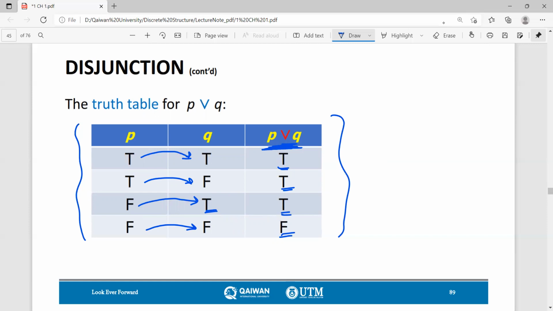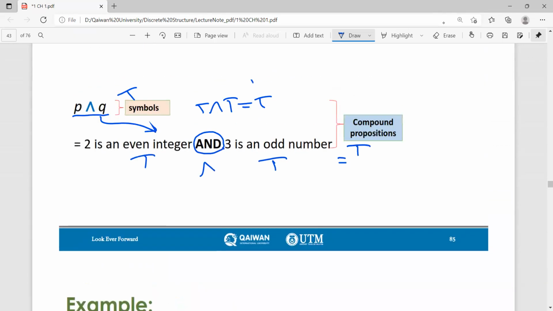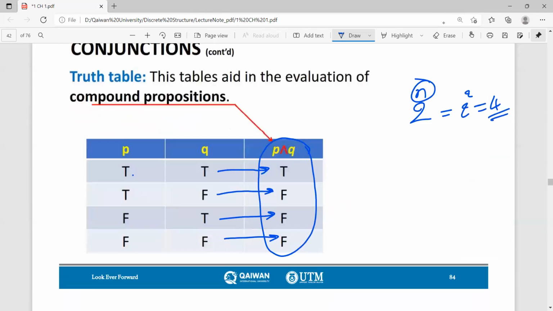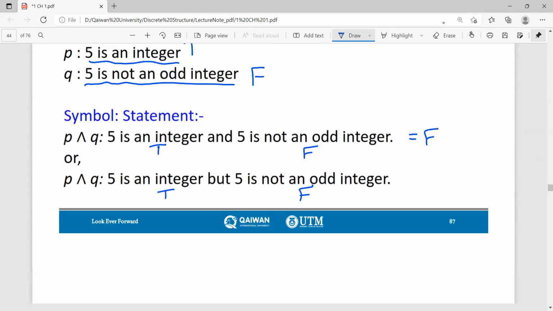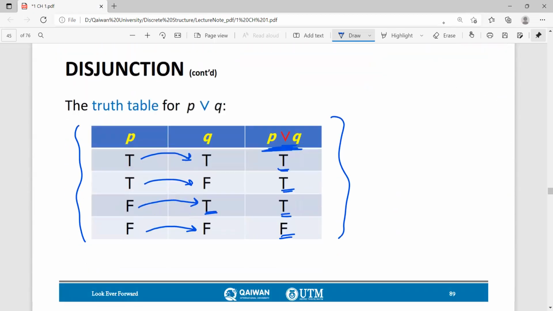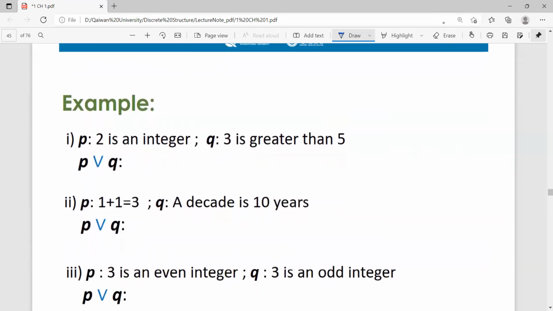In the previous one, in conjunction, we get only one true when both statements are true. But in disjunction, we get only one false when both statements are false. Okay. So here you have two statements.